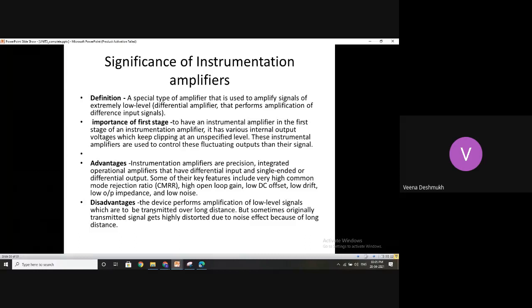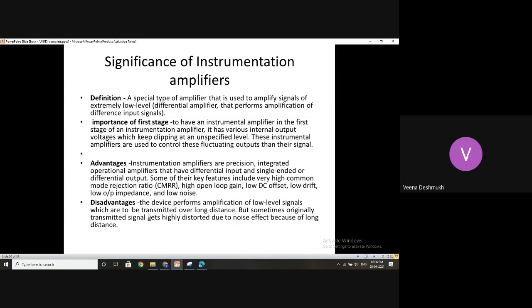So what are the disadvantages? These are the list of advantages. Now what are the disadvantages? Basically, when they amplify the low level signal, they are usually used for long distance communication. When they are used over long distance communication, there is always a possibility of noise getting added at different stages.